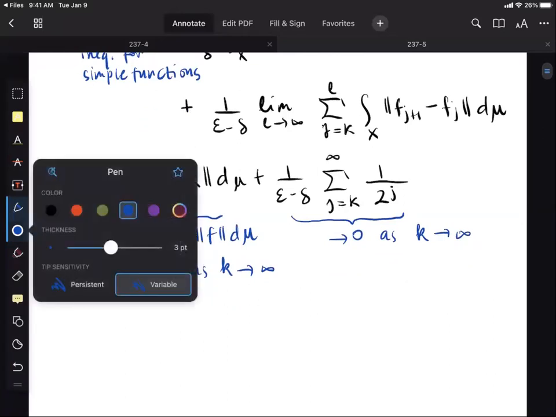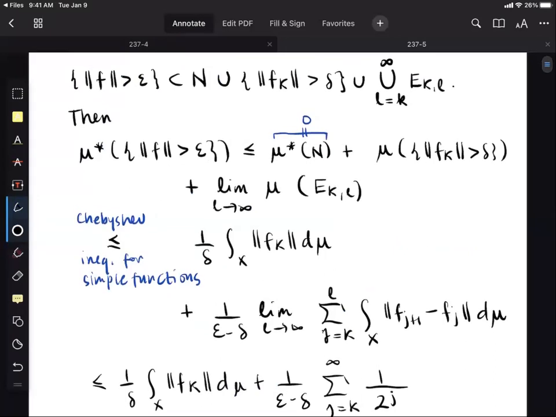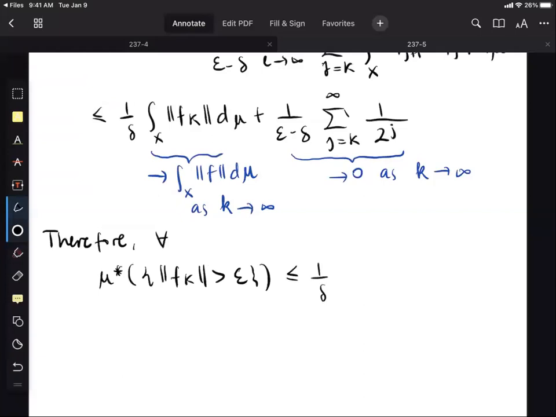So therefore, we have the following. Looking at the left-hand side, that's the outer measure of the set where the norm of f is greater than epsilon, which is less than or equal to 1 over delta times the integral of the norm of f.